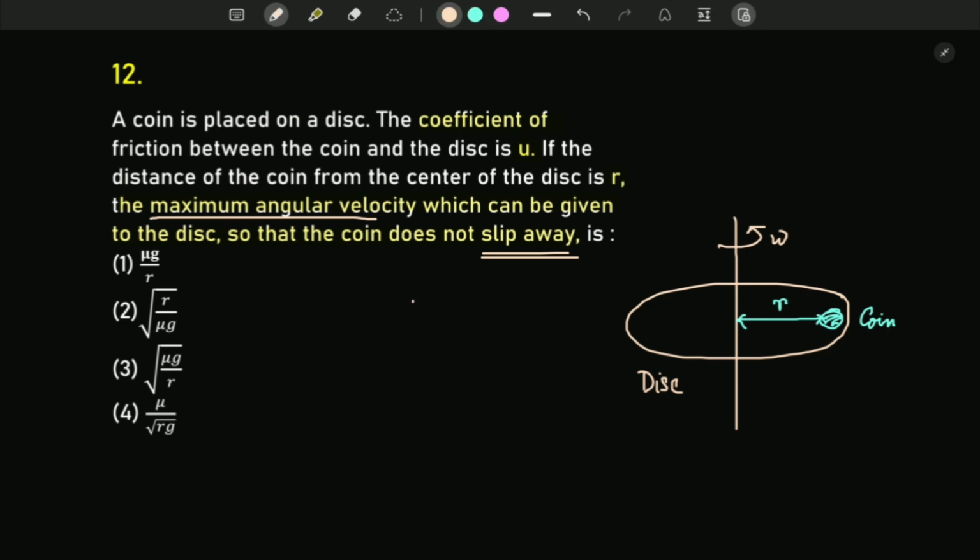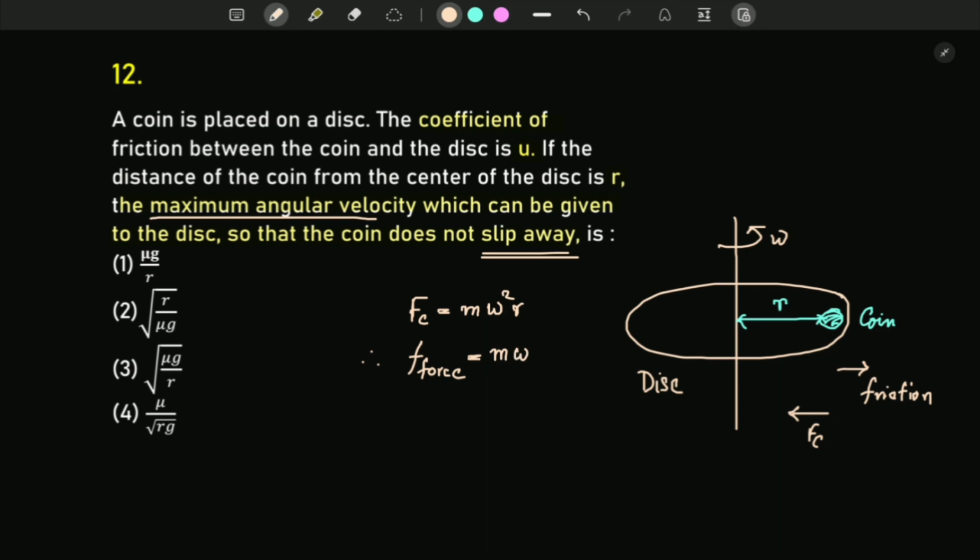So we know that the centripetal force is m omega square r, and friction is acting in this direction, and the centripetal force is being provided definitely by the friction. So I can say that frictional force is nothing but m omega square r.